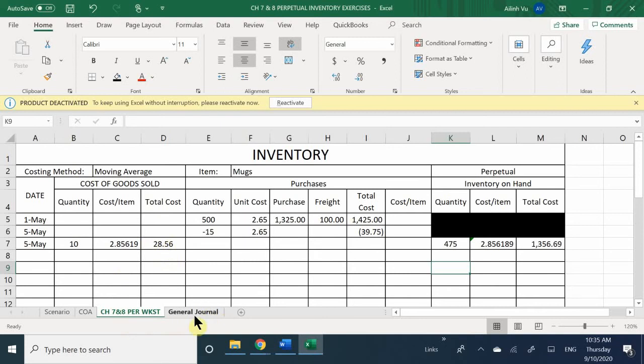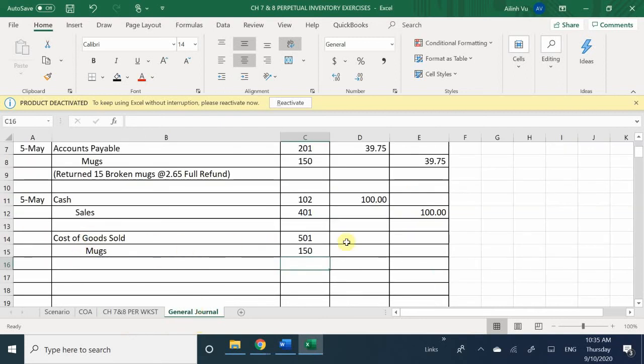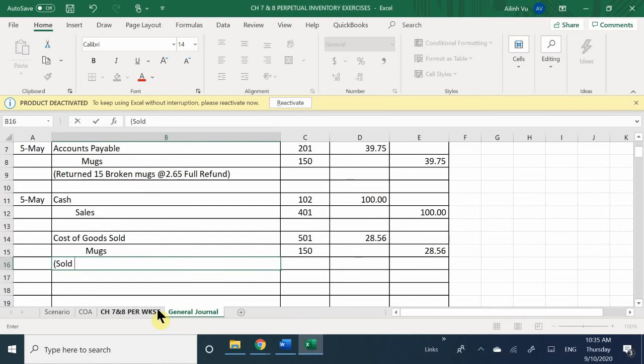So now I can safely go to my journal and say I sold 28.56, right? Without having to calculate it twice. And then I'm going to indicate here, sold 10 mugs.